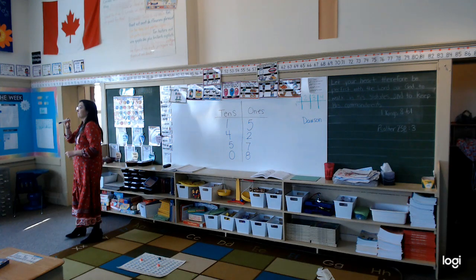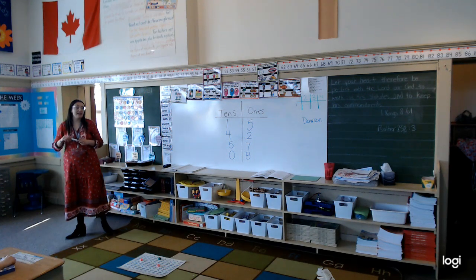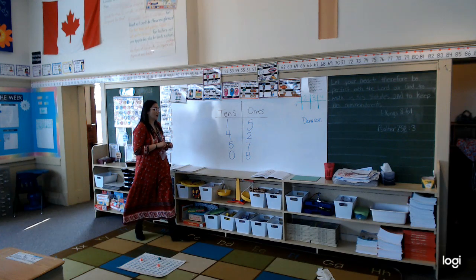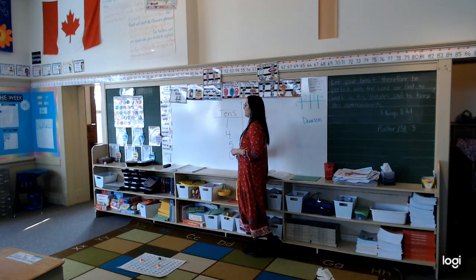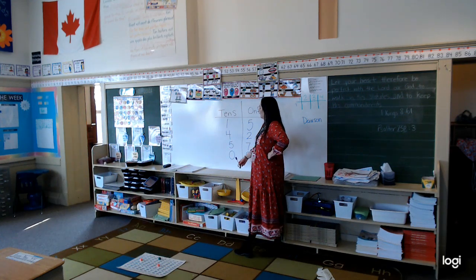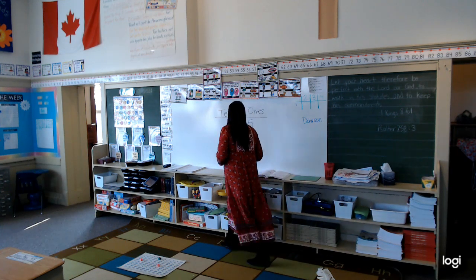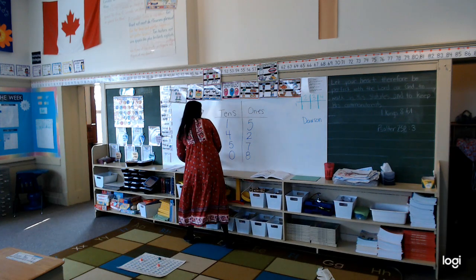Megan. 80? Try again, my friend. Look closer. 0 groups of 10 and 8 ones. Not 80. Maybe it would be easier if I just erase the 0.